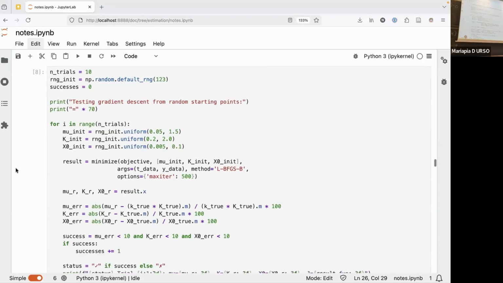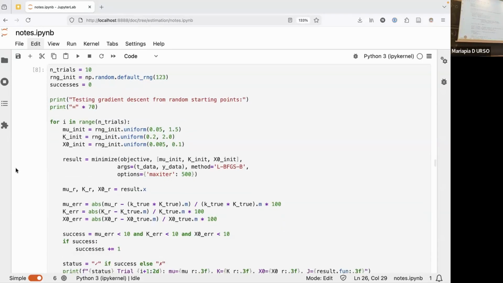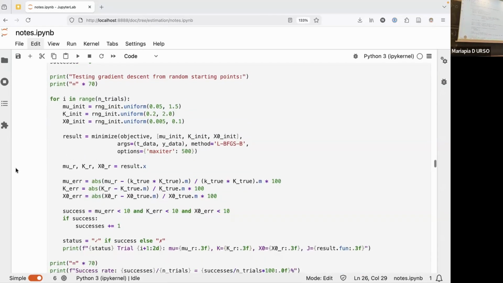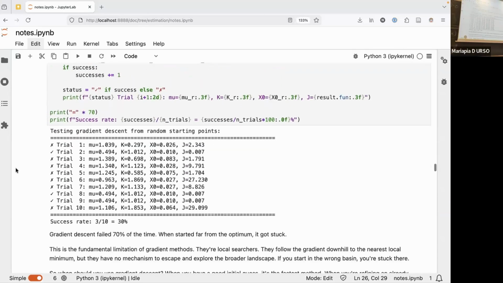Then we run these 10, and we check whether we come within 10% of the true value, whether the relative error is smaller than 10%. This is what we call the success rate here. We're doing 10 trials, and we fail 7 out of 10.